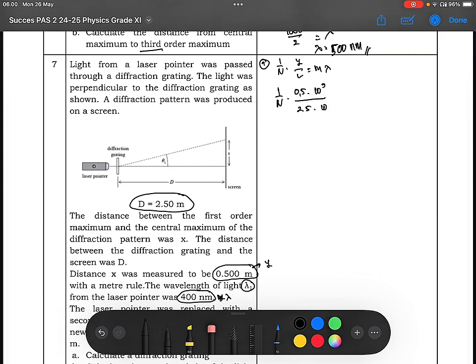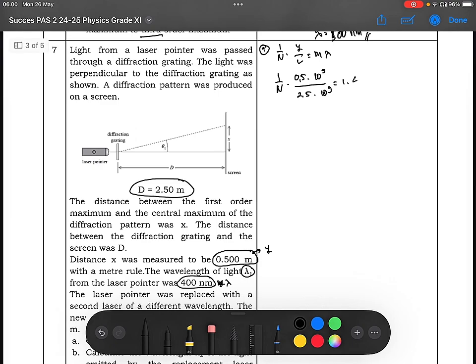The M is 1, and the lambda is 400. So 1 per N corresponds to 5 and is in nanometer.